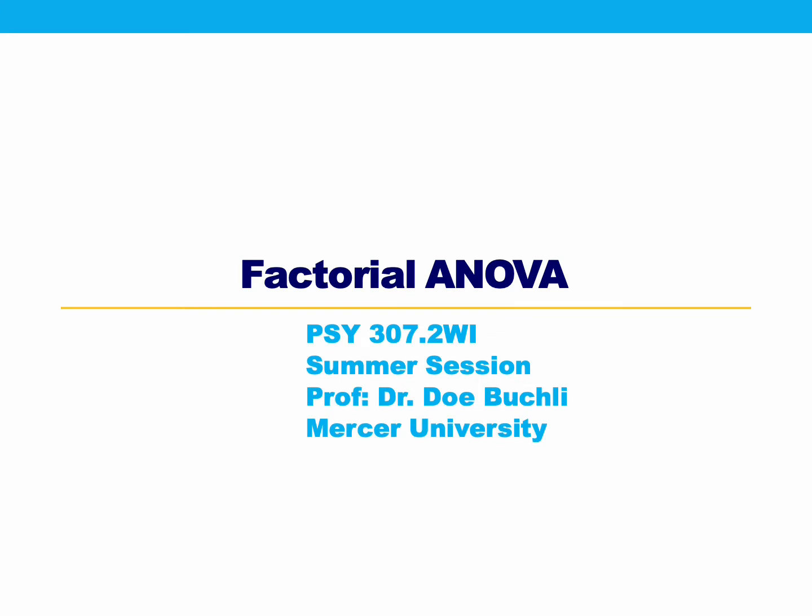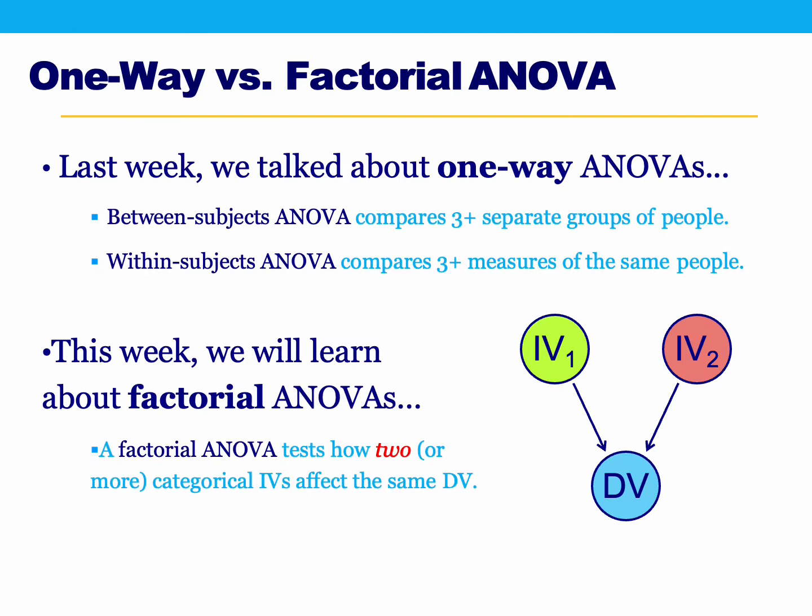In this series of videos, I'm going to be talking about an inferential statistical test known as a factorial ANOVA. Last week, we talked a lot about a one-way ANOVA.